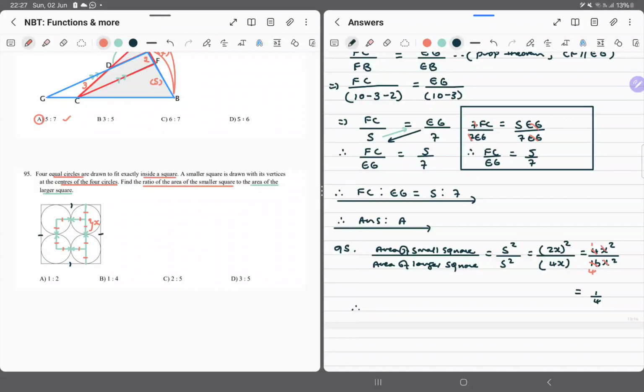So therefore our answer here is going to be 1:4. Right. So that is B. That is B. And therefore the answer to be selected is option B.